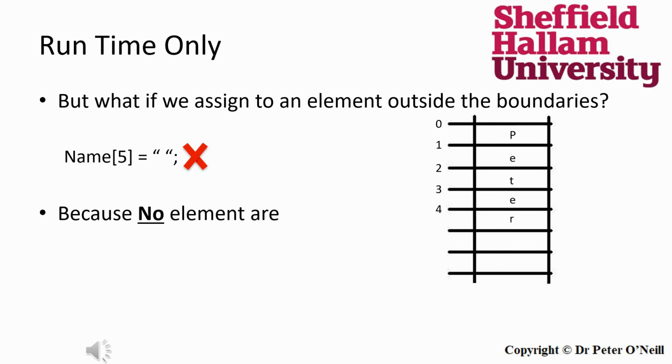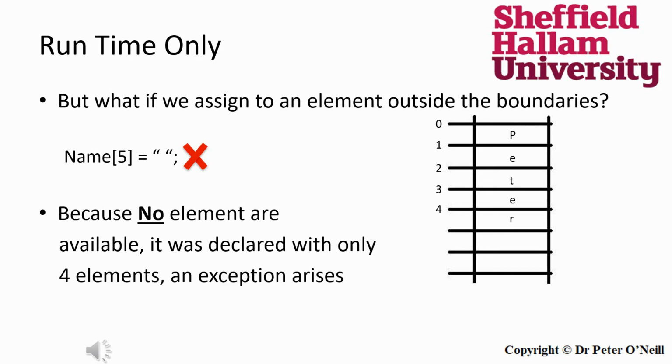That's because no elements are available, it was declared with only 4 elements, and an exception is raised. It'll say index out of range exception because it's outside of the bounds.